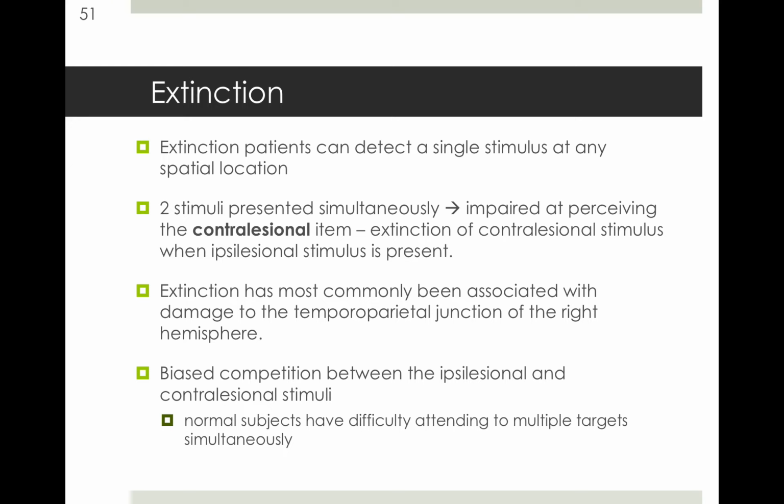Again, it's right hemisphere damage, mostly parietal lobe. One theory proposed to explain this is that different stimuli compete for your attention. While normal subjects have less difficulty attending, a lesion leads to a bias in the competition between your ipsilateral and contralateral stimuli.